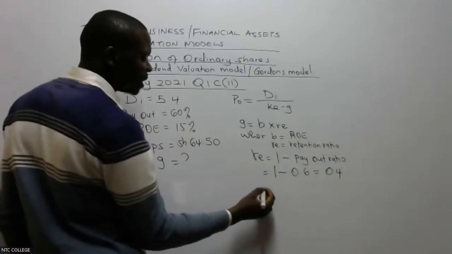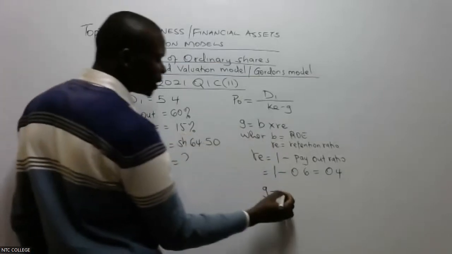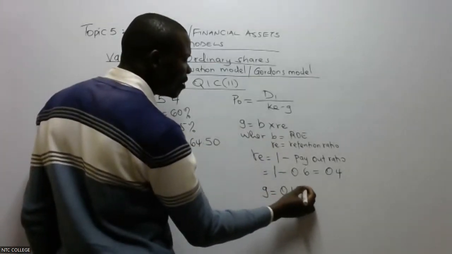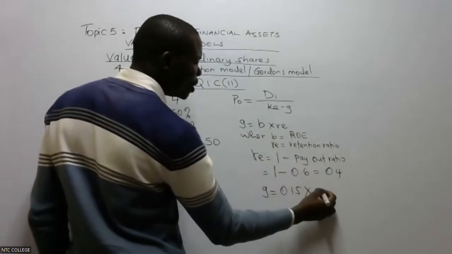So here we can say that our G will be equivalent to return on equity of 15%, 0.15, multiplied by the retention ratio of 0.4.